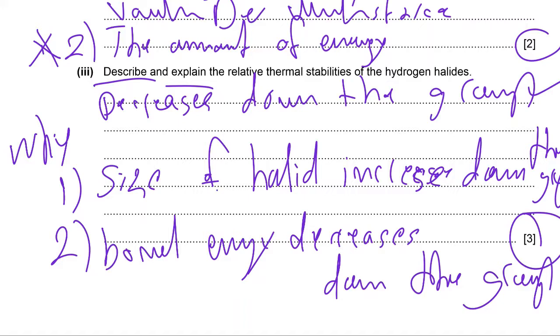These reasons explain why the thermal stability of hydrogen halides is different. The one with a small halide will have higher bond energy, so that means it will be more stable, thermal stability I mean.